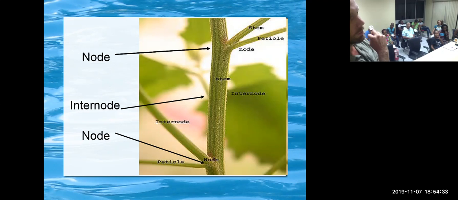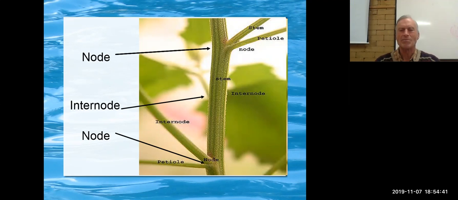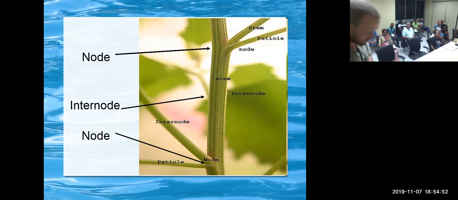And the internode on the left would be leading to another branch. Another branch or another leaf, or both. Okay. I think we're good.